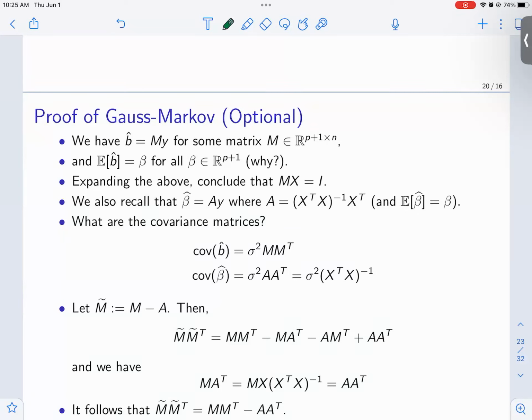very quickly, you write down that the expectation of beta hat is beta.